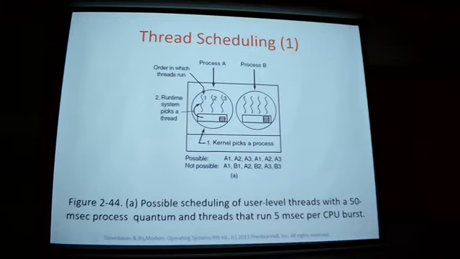The total time is 15 milliseconds, and each thread requires 5 milliseconds. So in 15 milliseconds we can run 3 threads. Each one 5 milliseconds, and there are a total of 15 milliseconds.